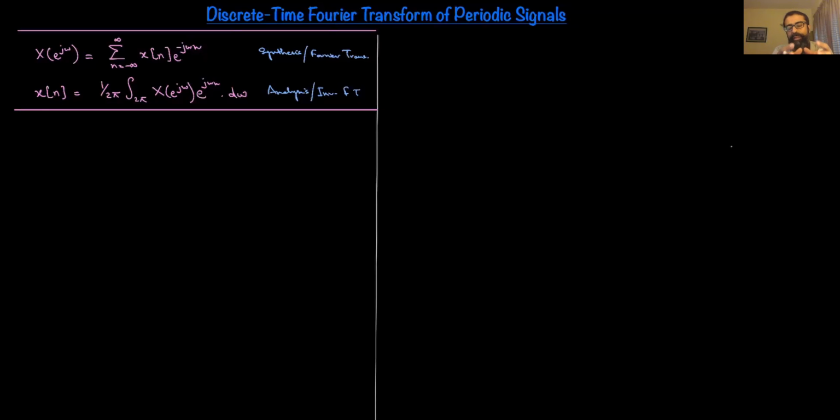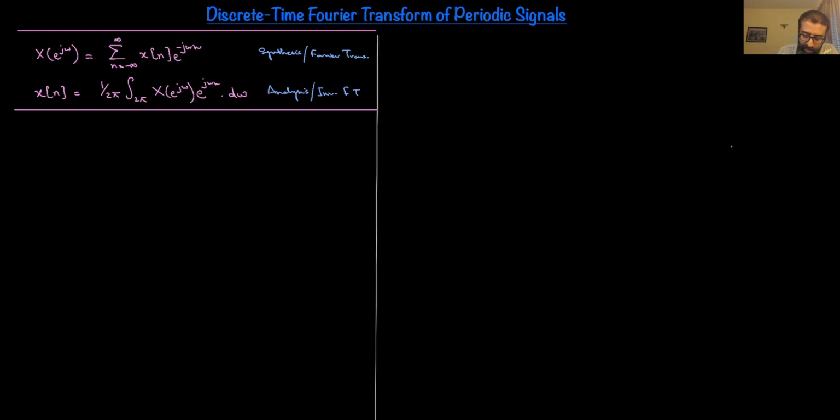However, just like in the continuous time case, the Fourier transform can be generalized and applied to periodic signals as well, by using some special representation, some delta functions in the frequency domain. That allows us to describe both periodic and aperiodic signals using the same common framework, which is the discrete time Fourier transform.